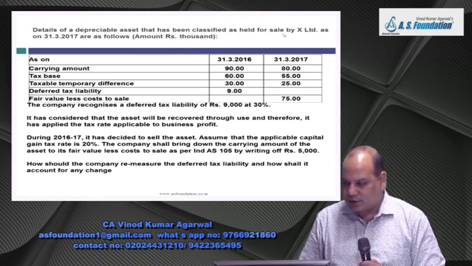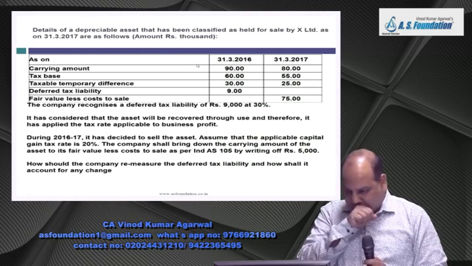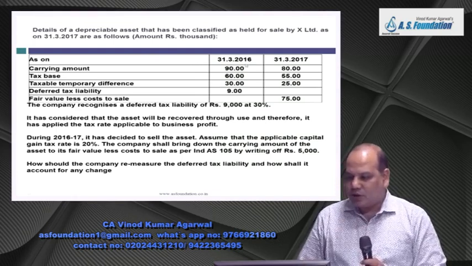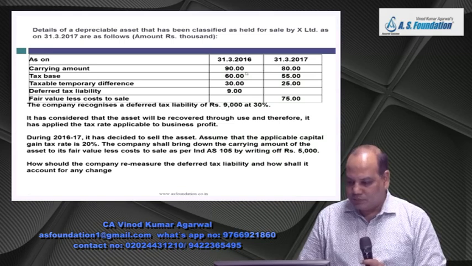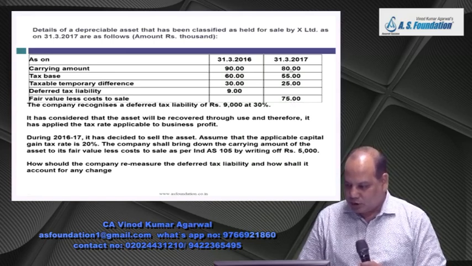Classified as held for sale on 31st March 17, rupees in 1000. As on 31st March 2016 and 31st March 17: carrying amount, tax base, taxable temporary difference, deferred tax liability, and fair value less cost to sell. Fair value less cost to sell is 75. Carrying amount is 80.